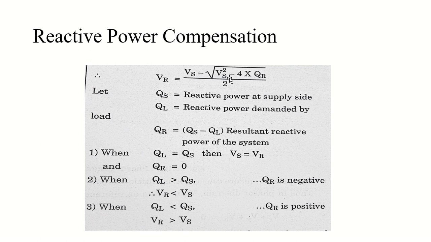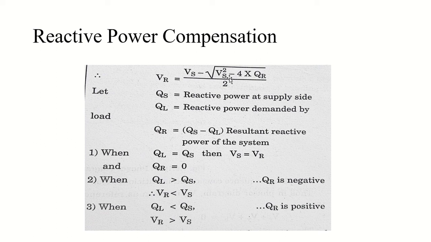You might have studied that formula in your mathematics class: D is equal to b square minus 4ac, and the root will be b plus or minus under root of D divided by 2a, right?